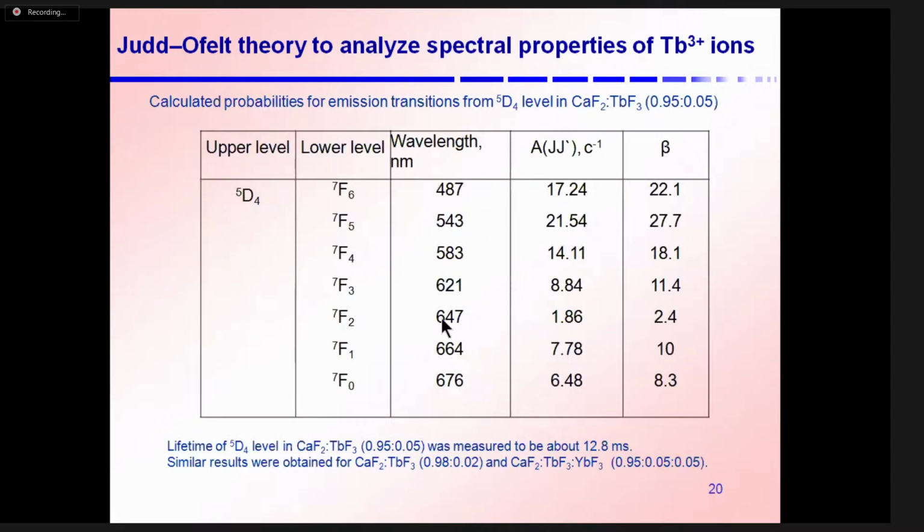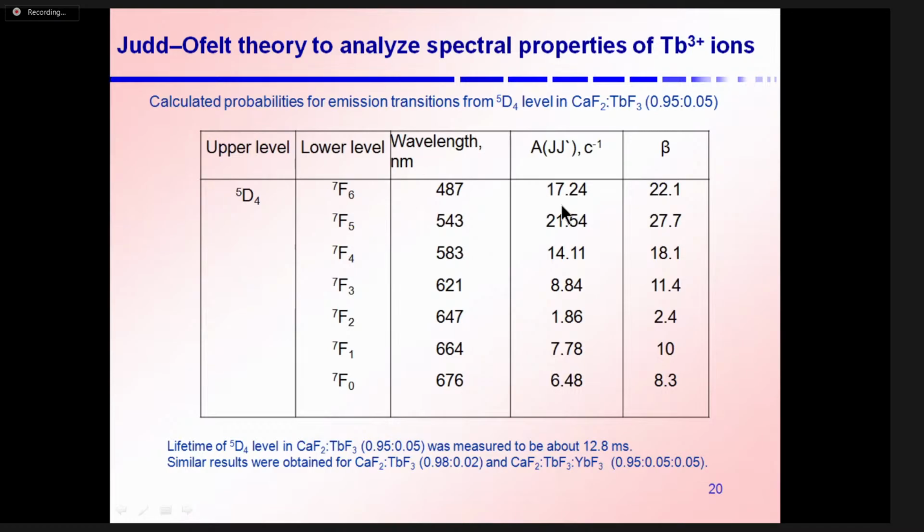Here are the probabilities of the emission from the 5D4 upper level to the low-lying levels, and here are the probabilities of certain transitions.